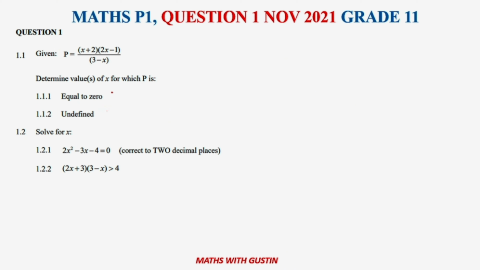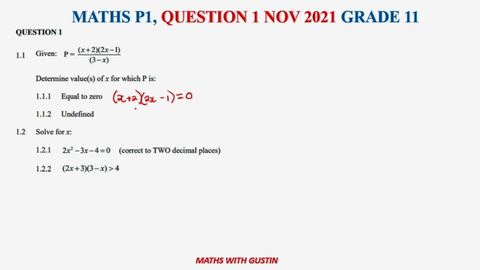For which p is equal to 0, you just have to say the numerator, which is (x plus 2)(2x minus 1), is equal to 0. Whenever they ask you about the roots or the values of x for which the given expression is equal to 0, if it's got a fraction, you just have to equate the numerator to 0.